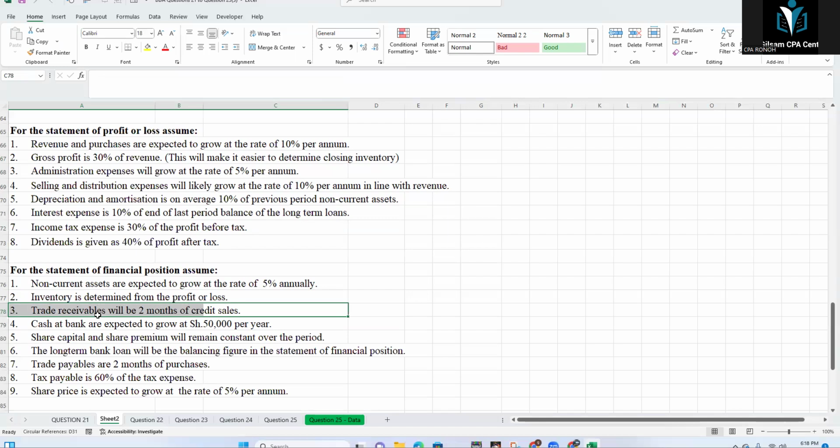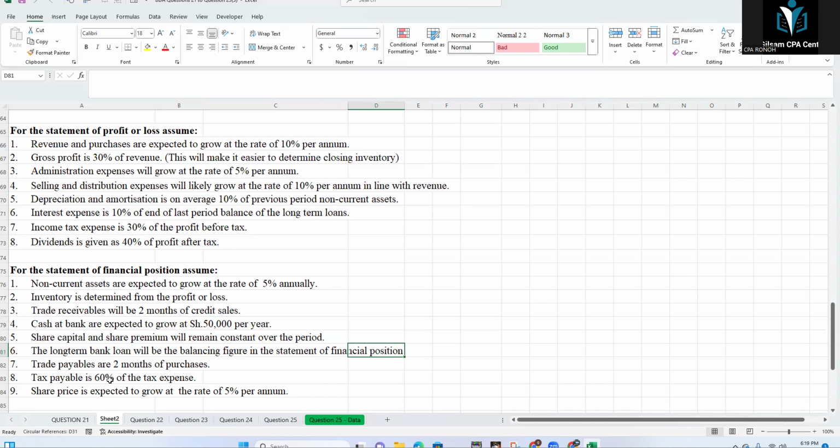Cash and bank are expected to grow at 5,000 per year. Share capital and share premium will remain constant over the period. Long-term bank loan will be the balancing figure in the statement of financial position. Trade payable is 2 months of purchases.